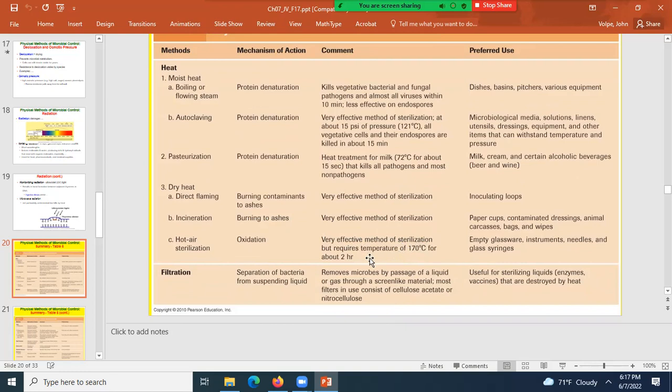You need 2 hours of time if you're only subjecting the object to 170 degrees Celsius. But it is effective at killing vegetative cells. And so they will frequently sterilize instruments with hot air sterilization.